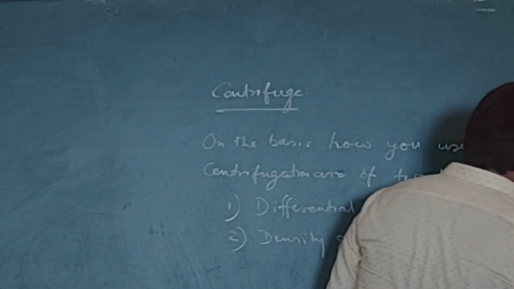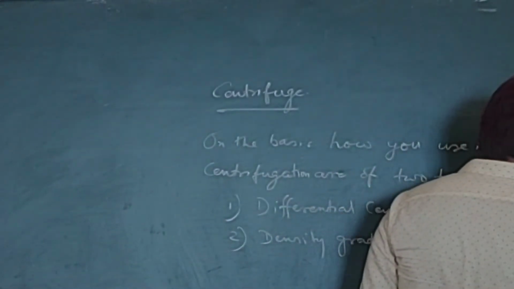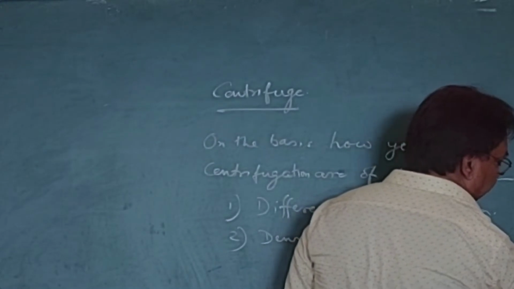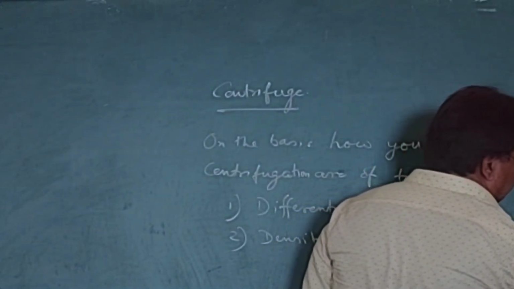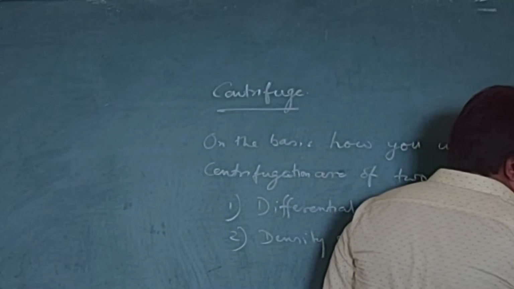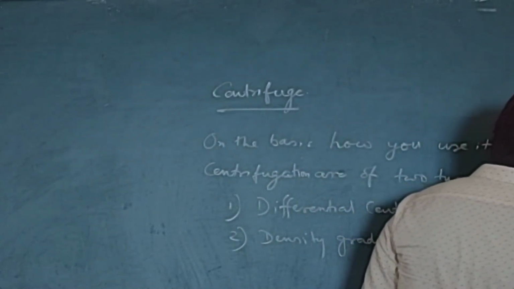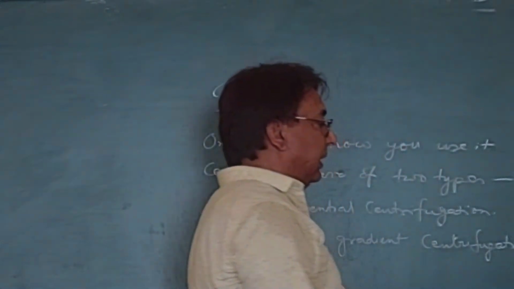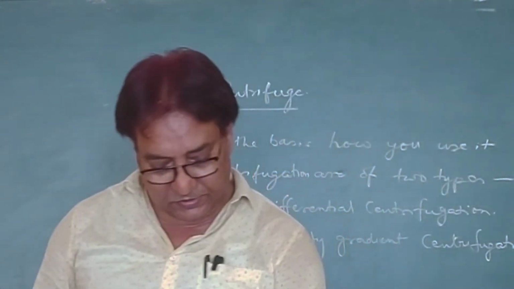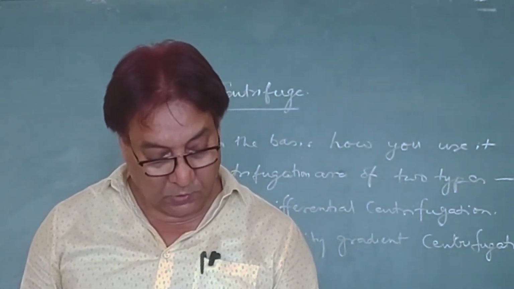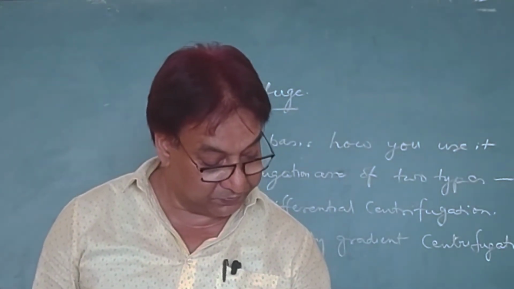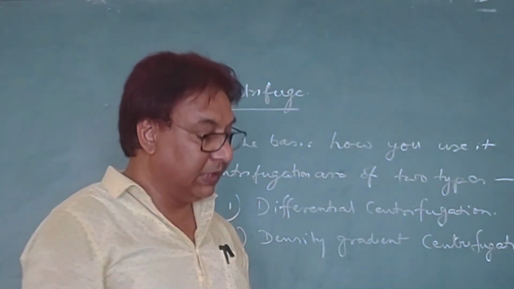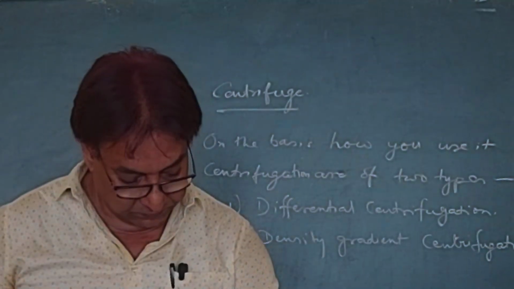Or you can also say isopycnic or equilibrium density gradient. This is also called equilibrium density gradient. What are these things? We'll have an idea about that. Equilibrium density gradient centrifugation.